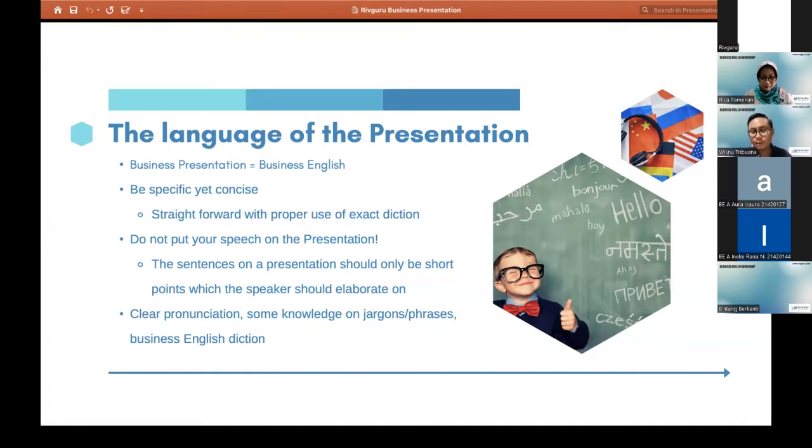It's not necessary, but it's a very big advantage, because if your aim is to work in a multinational company or work abroad, you're gonna hear it a few times in your working environment. And please use business English diction: short, concise, specific words. And if you know any business jargon, you can put that in your presentation as well.